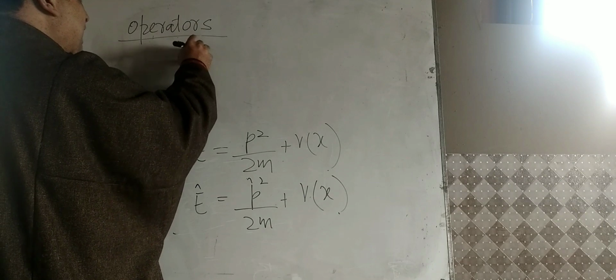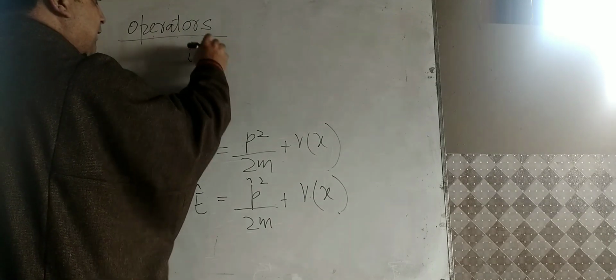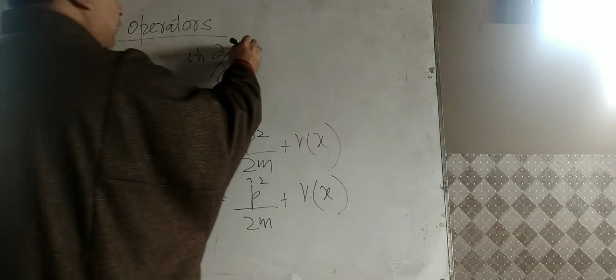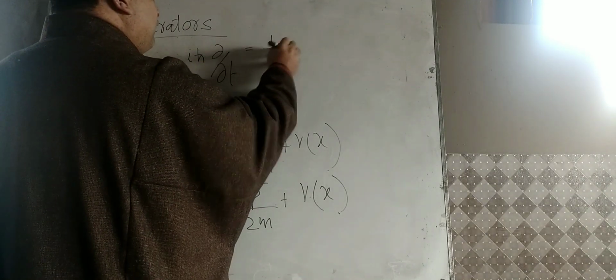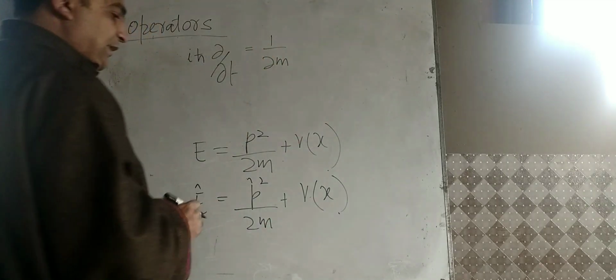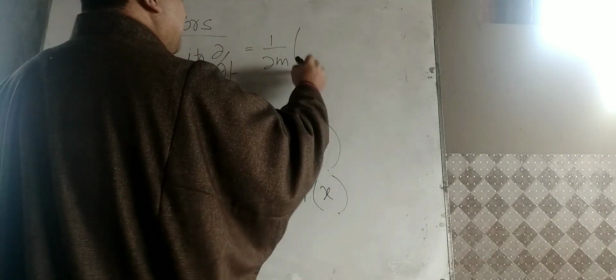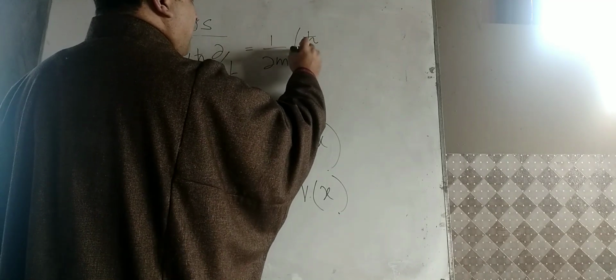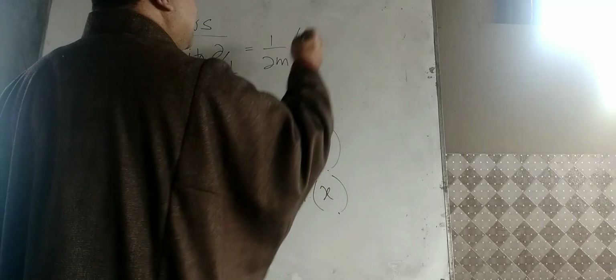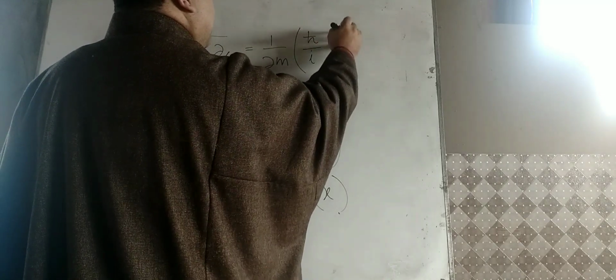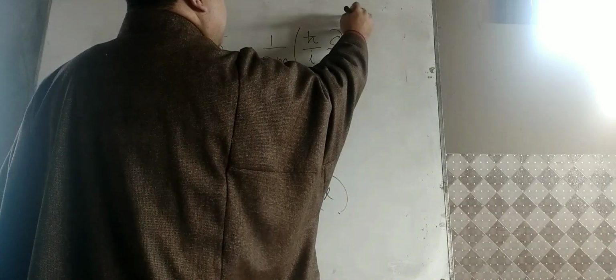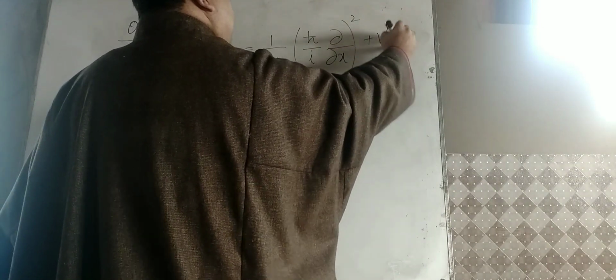That is i h bar partial derivative with respect to time, equal to 1 by 2m times the momentum operator, that is h bar by i, partial derivative with respect to x, whole square, plus V of x.